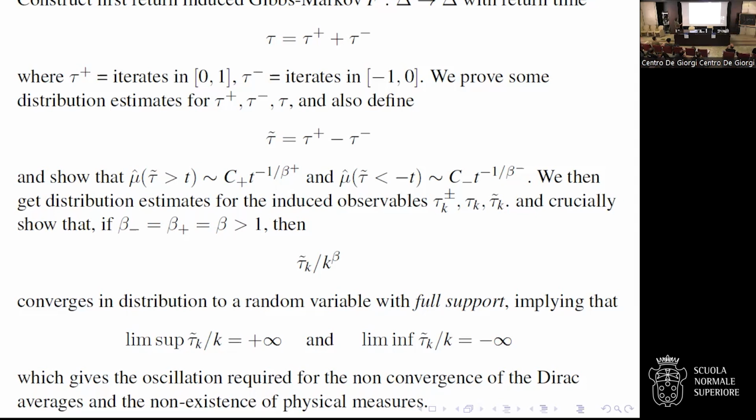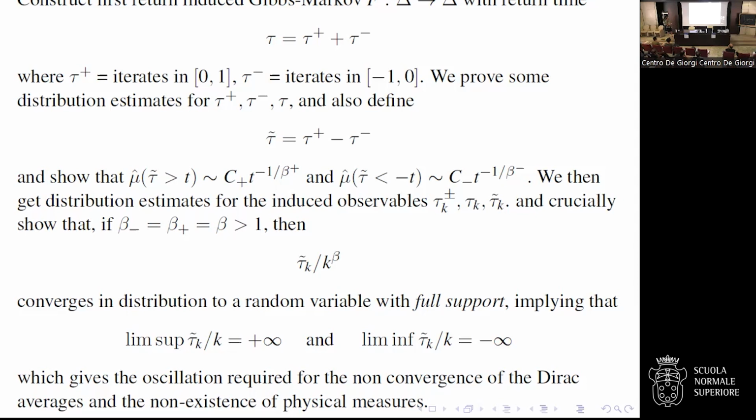And yes, we have these distribution estimates for tau plus and tau minus, but the most important ingredient for us is that we define this tau tilde, which is the difference between these two, right? And what does the difference between the two mean? The difference highlights whether you're spending much more time on the right or much more time on the left.